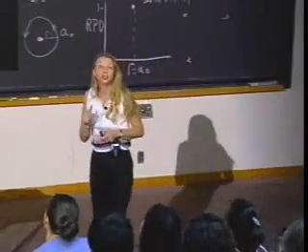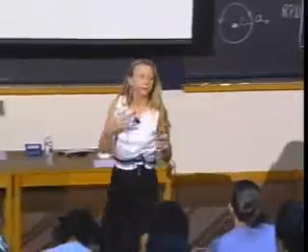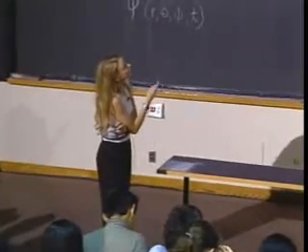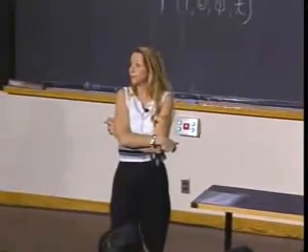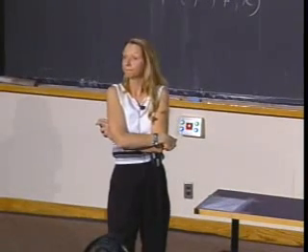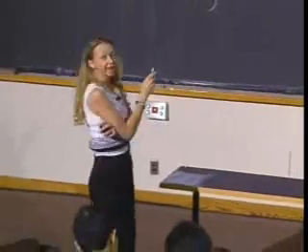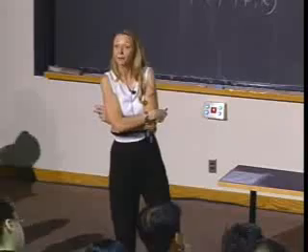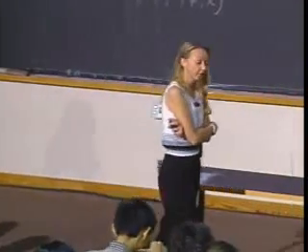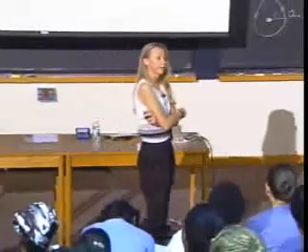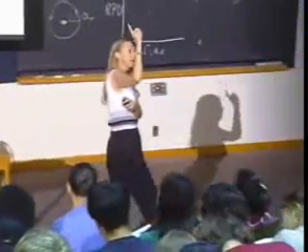Now, in general, and this is something you really do have to know: the total number of nodes that a wave function has is always n minus 1. It's given by the principal quantum number minus 1. The number of angular nodes is always given by the angular momentum quantum number, L. So if L is equal to 1, you have a p wave function. You've got one angular node.